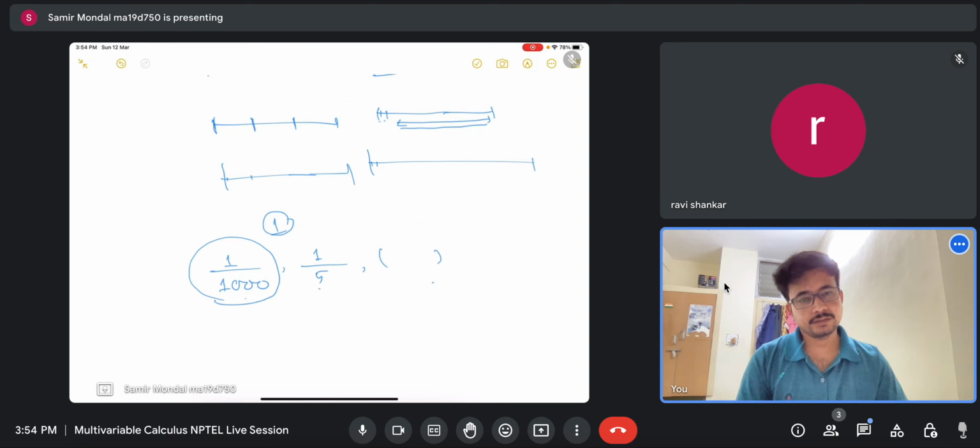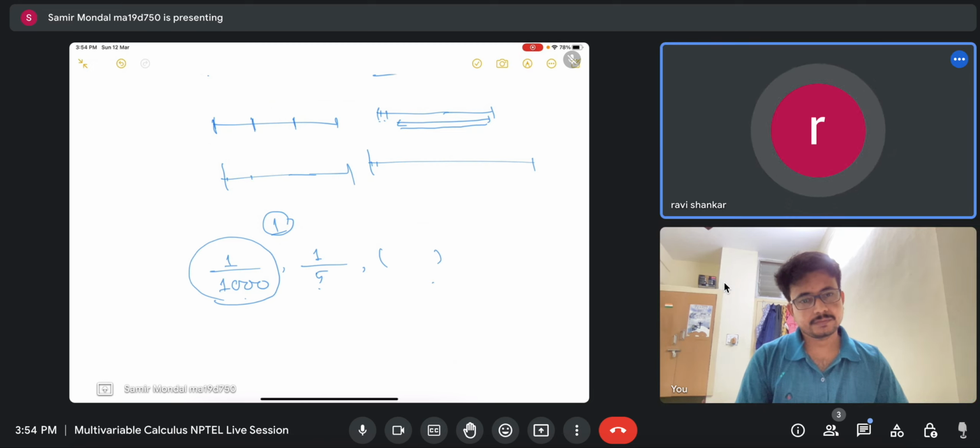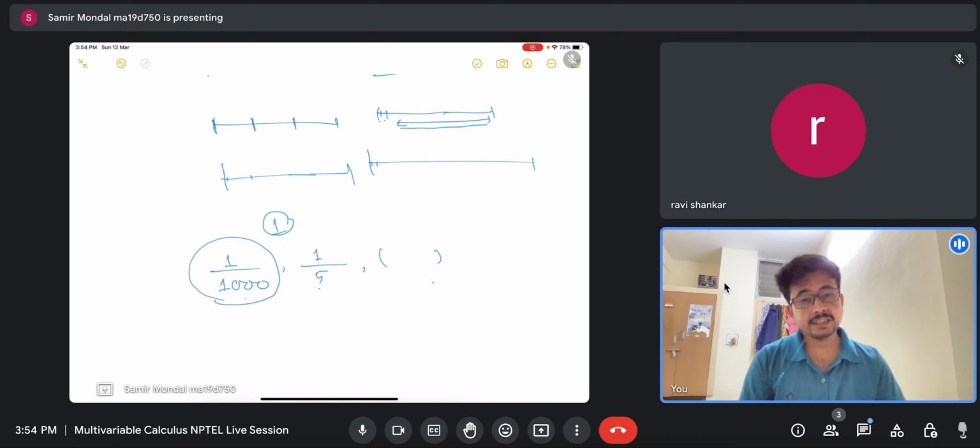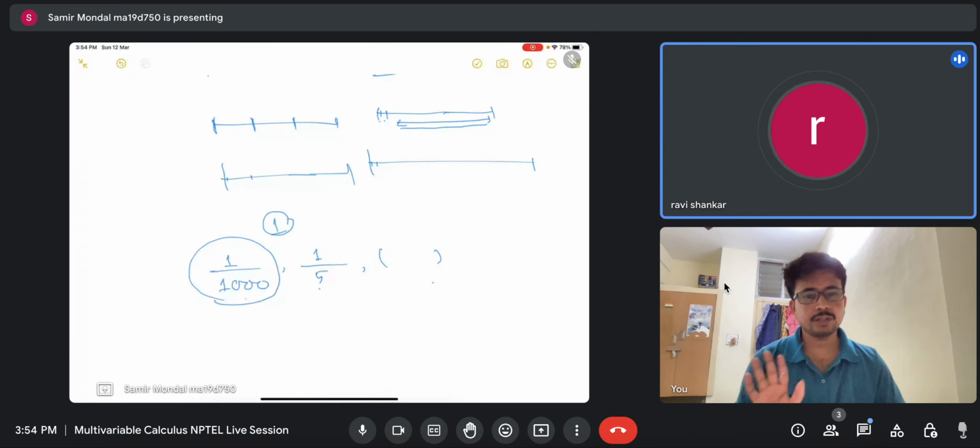We have taken a very small part. So one guess is equal distribution. Yes, this is one normal case.